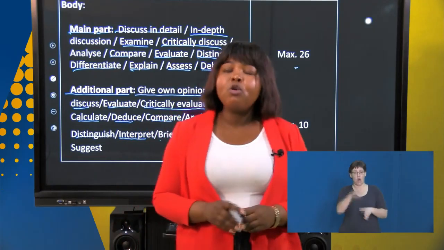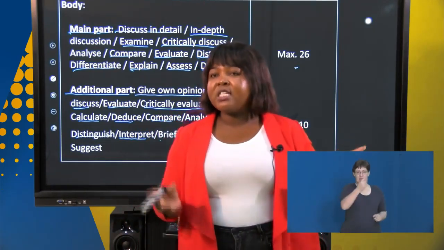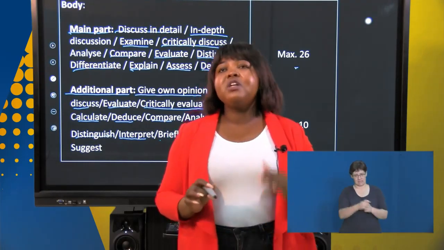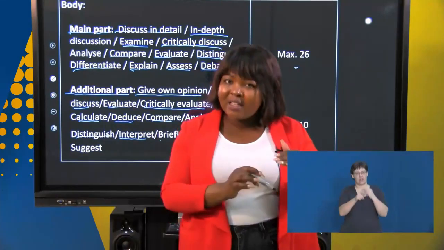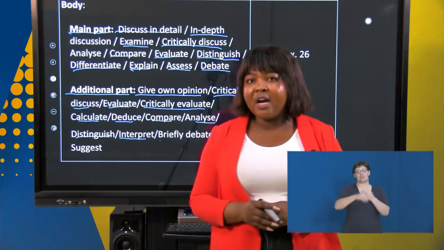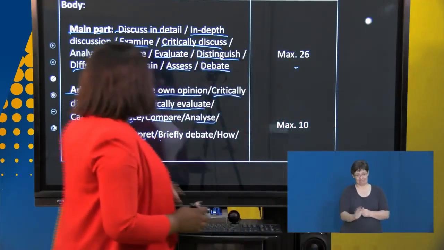Learners make the mistake of mixing and answering the main body and the additional part as one question. Please separate them, and you can even write additional part and underline it. Then you show that you are now tackling the additional part of the essay. Don't attempt them as one question.